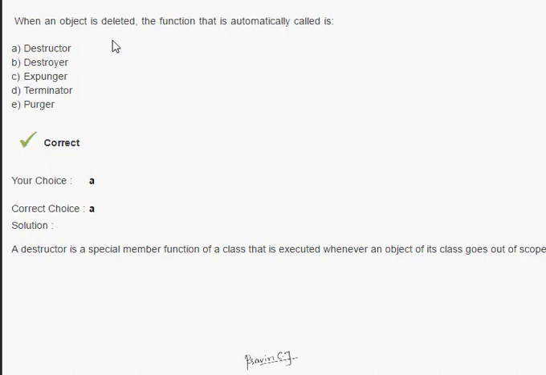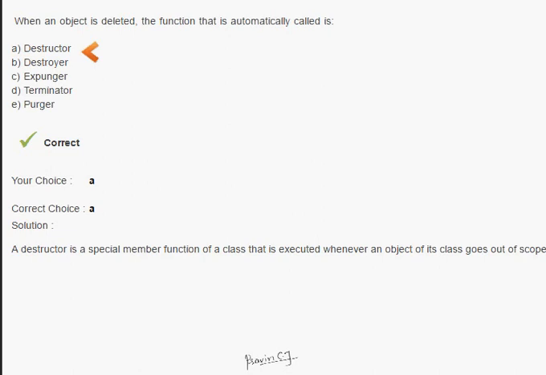When an object is deleted, the function that is automatically called is what? It is called a destructor. Behind the scenes, there is a garbage collector in the Java system, but there is a difference between a destructor and a garbage collector.